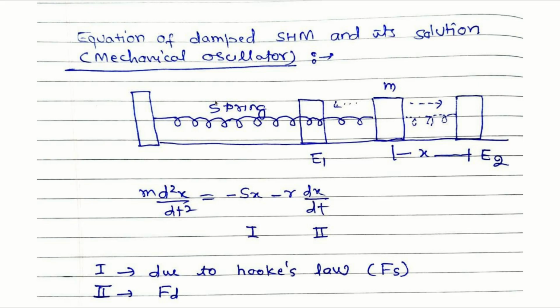A simple mechanical oscillator is a mass attached to a spring and kept on a frictionless surface.